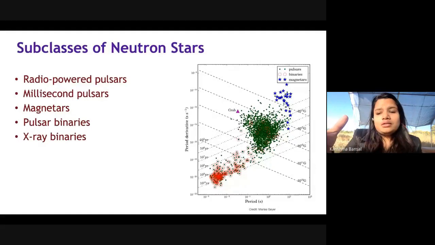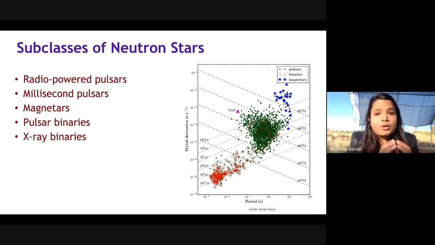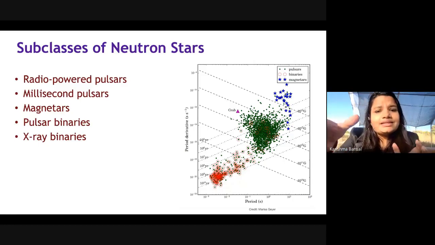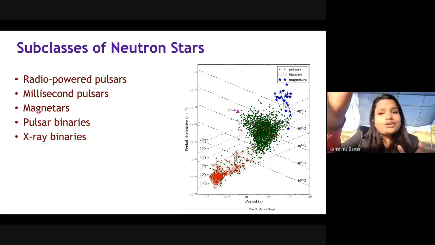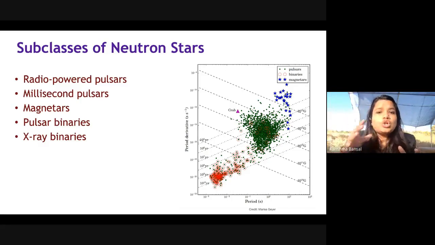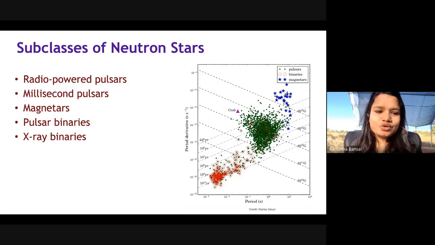It has a companion, and the compact source gets close enough that it can start accreting material from the other low mass source, and that's how it emits in X-rays. That's why the name is X-ray binaries. So these are the various subclasses of neutron stars, and if you dig deeper into it, you may find many more also.